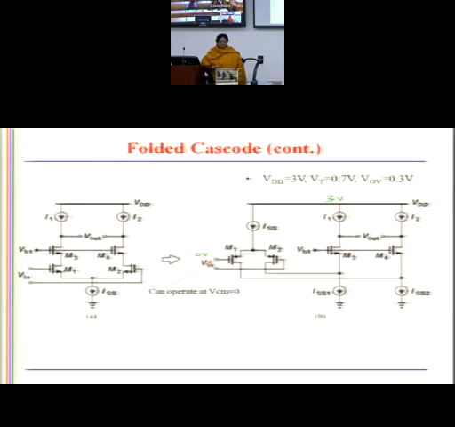Remember folded cascode? It is a simple cascode. I am not showing the upper section, I am showing a symbolized upper section. Otherwise, you would have had transistors over here. I'm just putting a symbol, and then you have a cascode. So I'm going for a folded cascode. So this is my folding point.